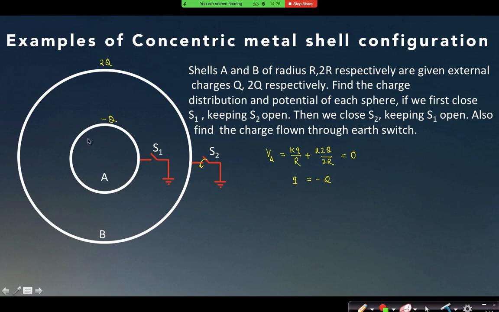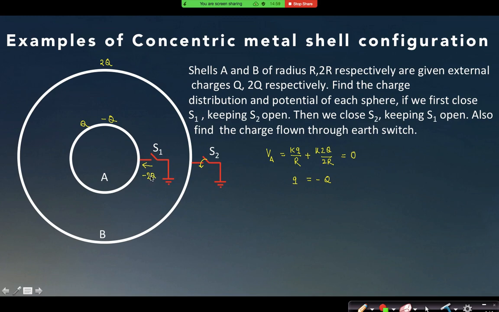Final minus initial: initially it was Q, finally it is minus Q. So how much charge has entered that shell? Minus 2Q. Then it flowed plus 2q?